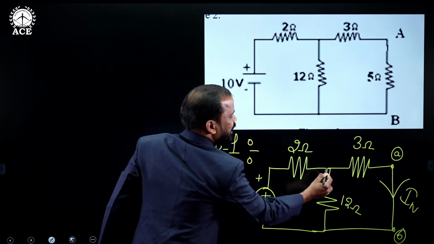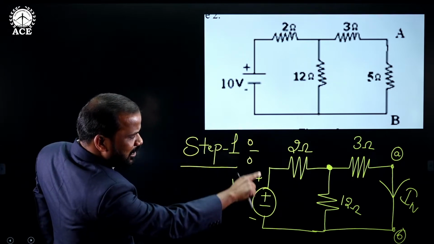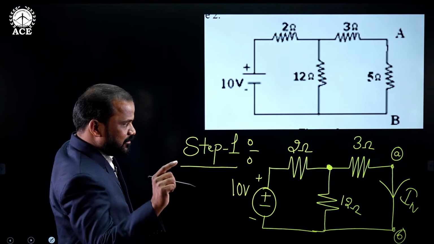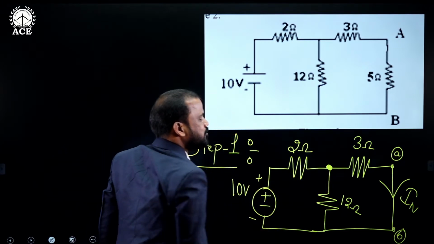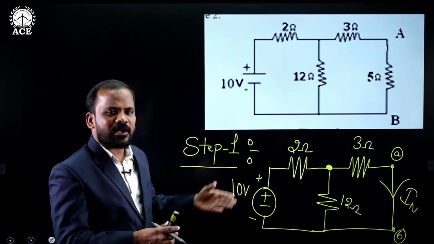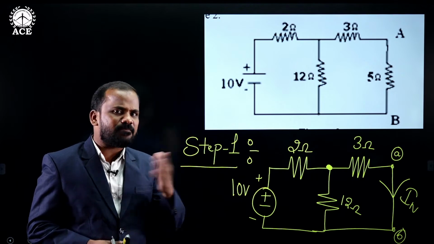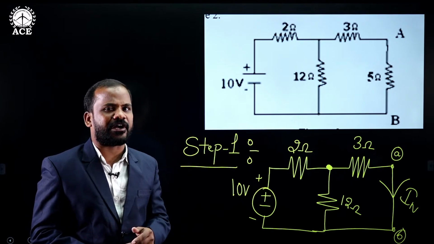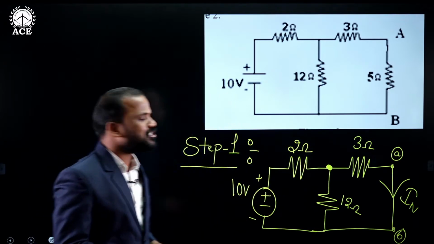Now to find that Norton's current, first we need to find the total current available at the junction point, because that is possible by applying the current division rule only. To apply the current division rule in any branch, we first have to find the current available at the junction point.